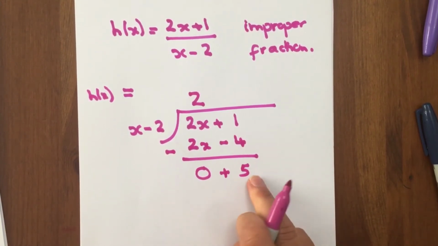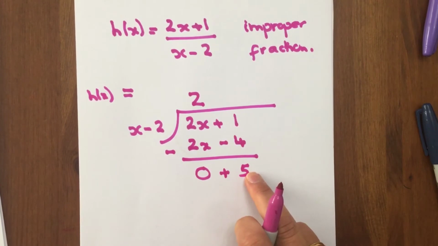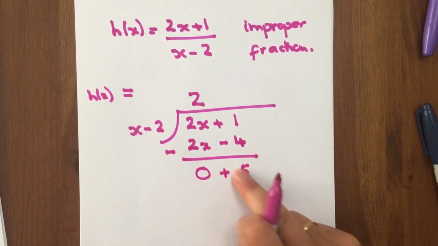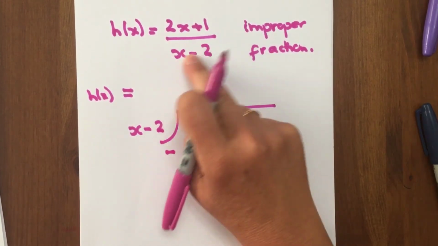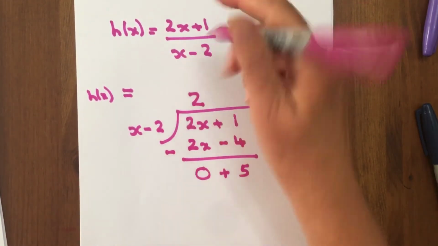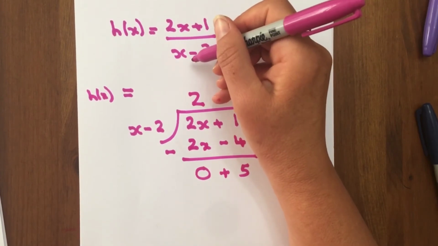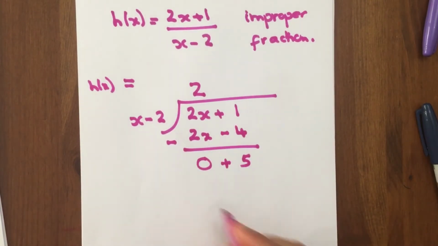Right, so I've stopped here because now the degree of the 5 is less than the degree of the bottom. This degree is nothing, there's no x's, this degree is 1. This was an improper fraction because the degree of the top was 1 and the degree of the bottom was 1. So what do I get?